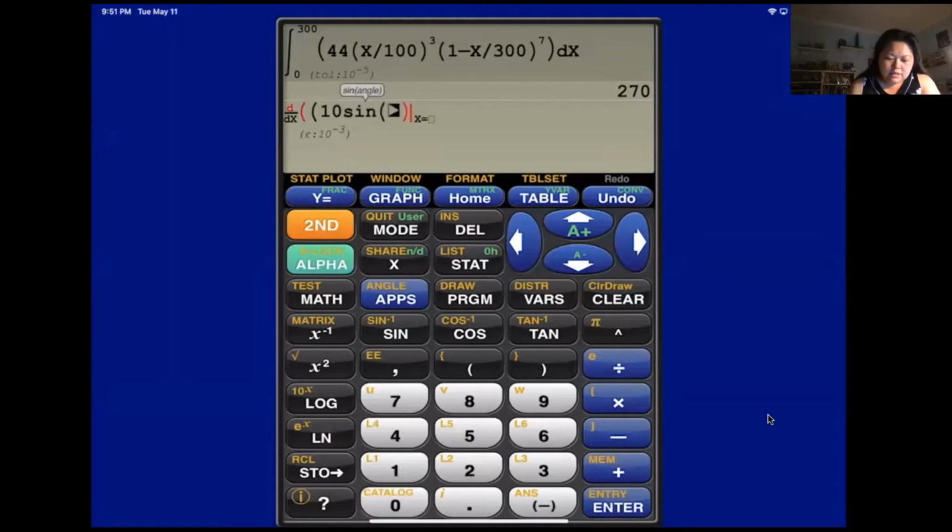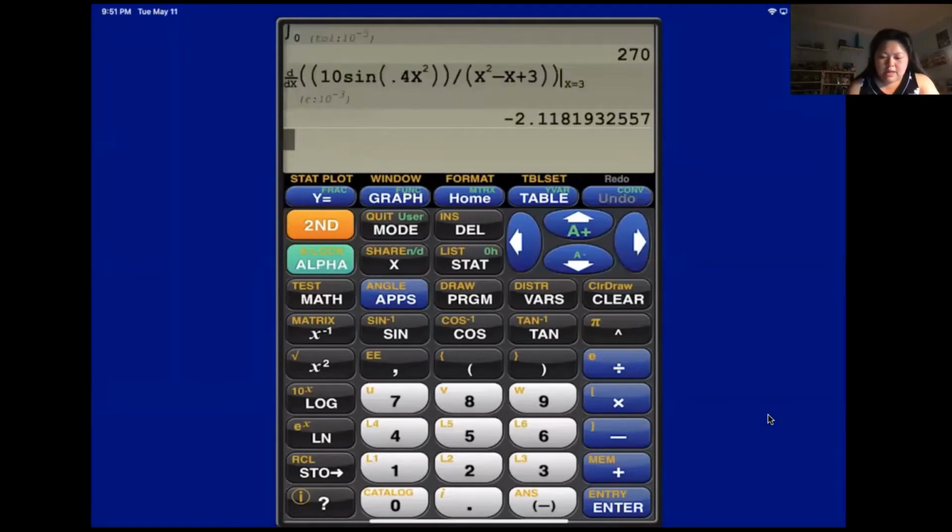So 10 sine of 0.4 t squared, parentheses, divided by my denominator of 10 t squared minus t plus 3, close parentheses, and we're evaluating this at x equals t equals 3. Okay, enter. All right, beautiful. We get negative 2.118.